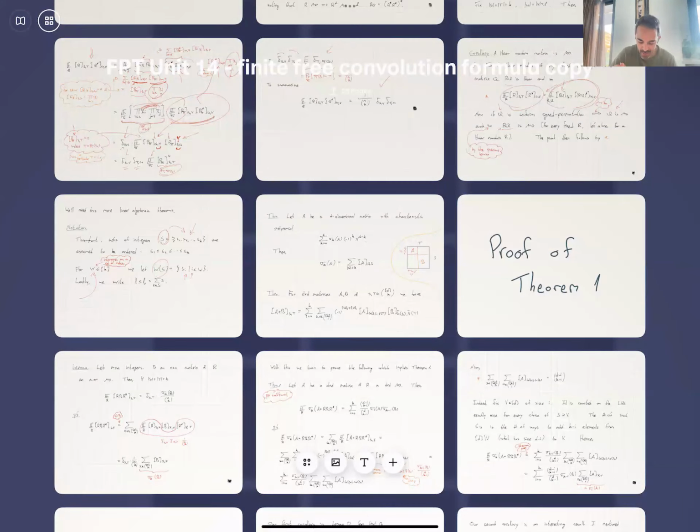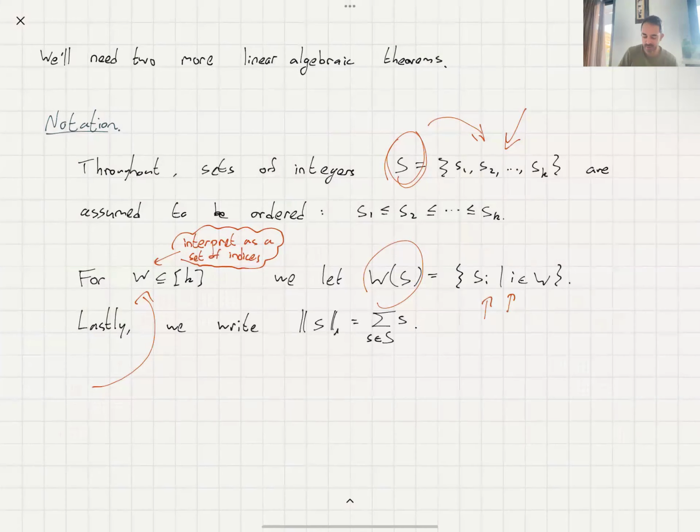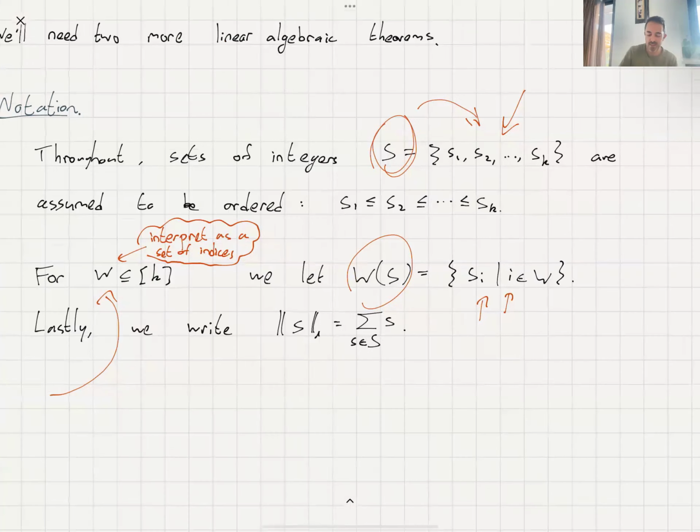I swear I had an example, but it's not here anymore. Whatever. Right, so like 1 S is S1. It's a weird notation a little bit. But a set applied to a set with the right type. So the S is S1 up to Sk, and W is a subset of K. Then W just fish out those elements from S that you want.